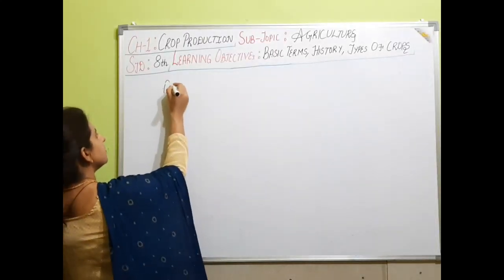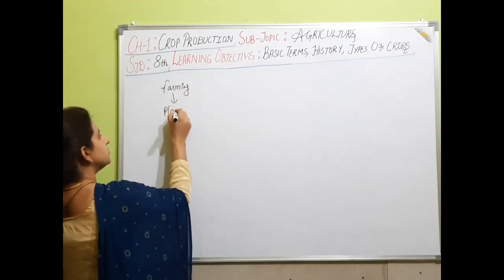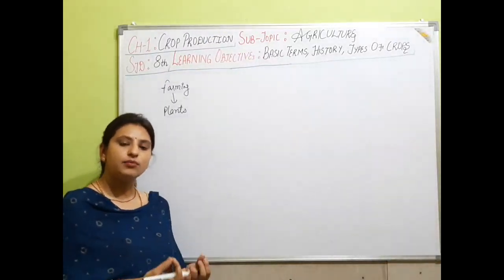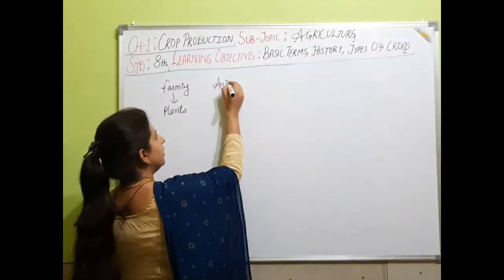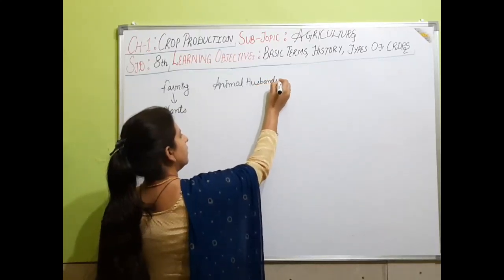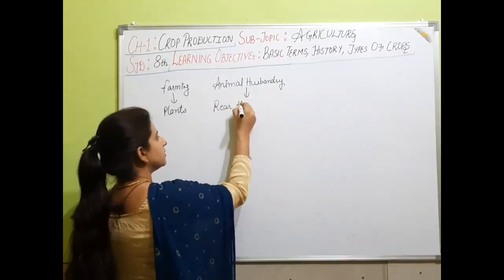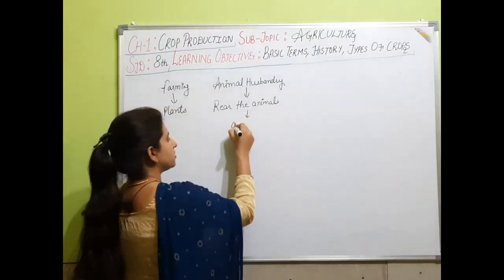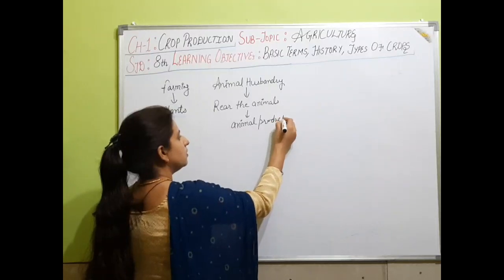If we go for the cultivation of plants, that is called farming. So farming is the cultivation of plants. If we go for the animal resource, we have animal husbandry. In animal husbandry we rear animals for animal products as food.